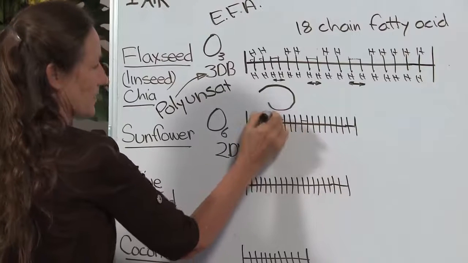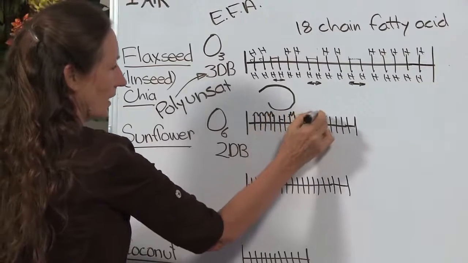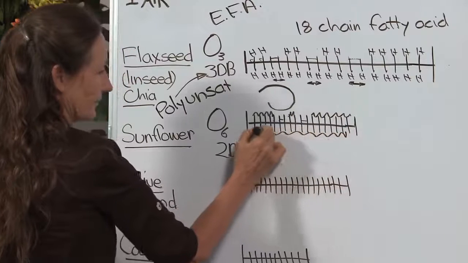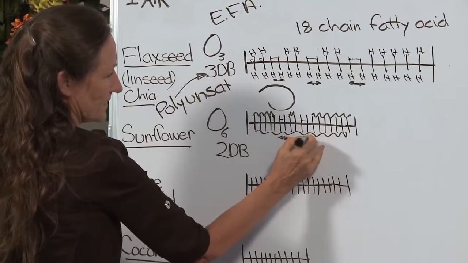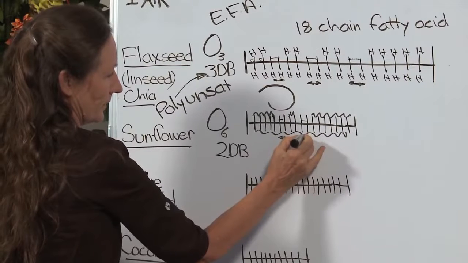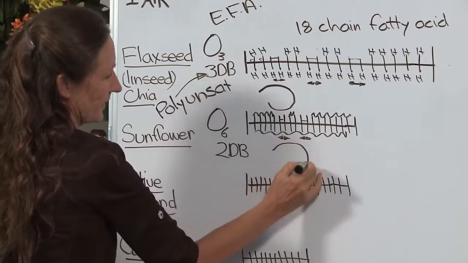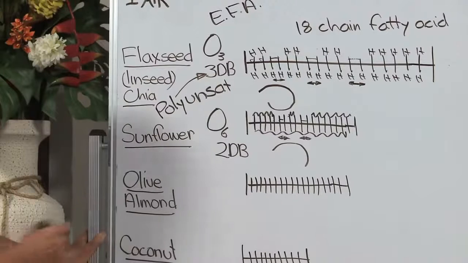Here's another one here. So we've got hydrogen atoms along here, hydrogen here, hydrogen atoms along here, and all along the bottom. And we've got 2 repelling actions here, always under the double bond. So that means we have 2 kinks in this fatty acid chain. It's not as thin an oil, but it is still quite a thin oil.